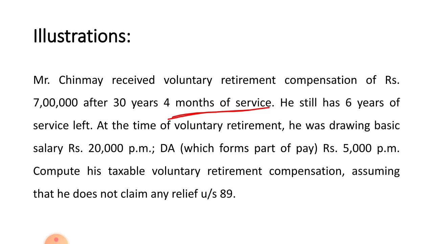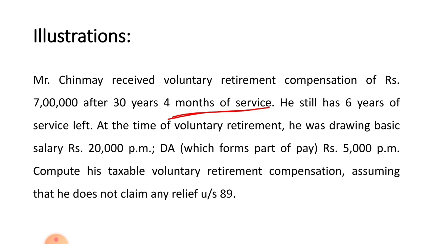See this problem. Mr. Chinmay received voluntary retirement compensation rupees 7 lakh. It is the actual amount received. From this you have to deduct the least of the following, which is exempt under section 10 subsection 10C. His basic salary is 20,000 per month and DA is part of pay. So you have to consider his DA as his salary, that is 20,000 plus 5,000, that is 25,000 per month.